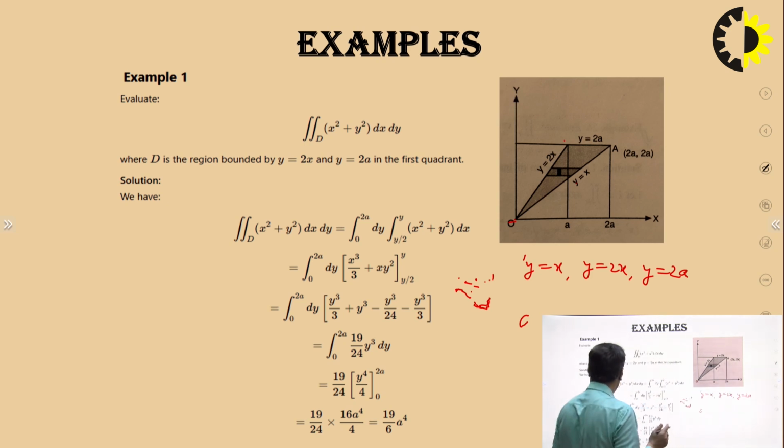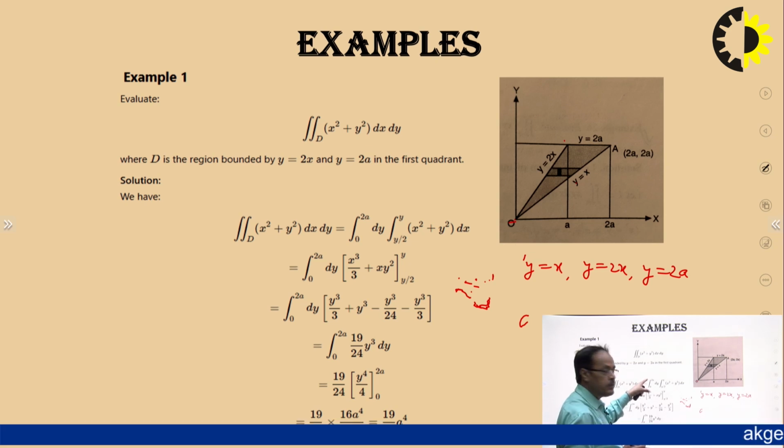So the final integral is the double integral of (x square plus y square) dx dy equal to the integral from 0 to 2a dy, integral from y by 2 to y of (x square plus y square) dx. Here the limit is a function of y, so first we integrate with respect to x.